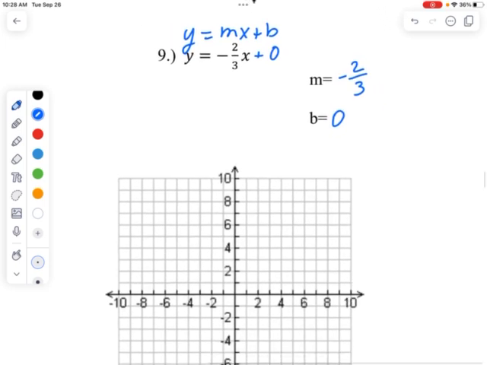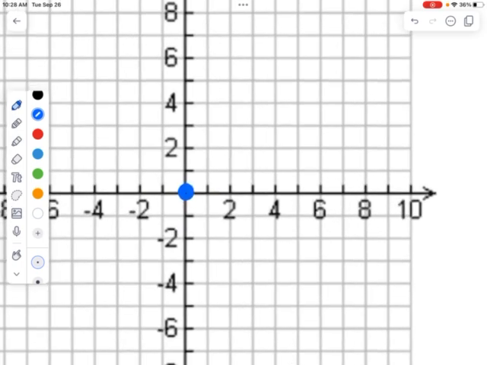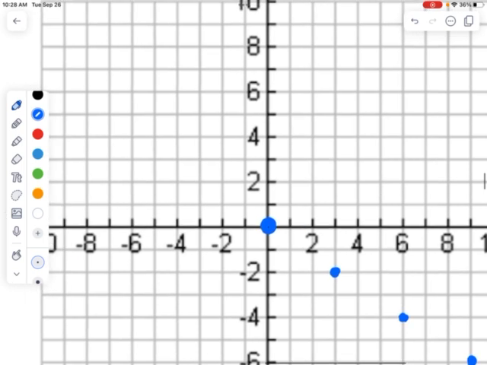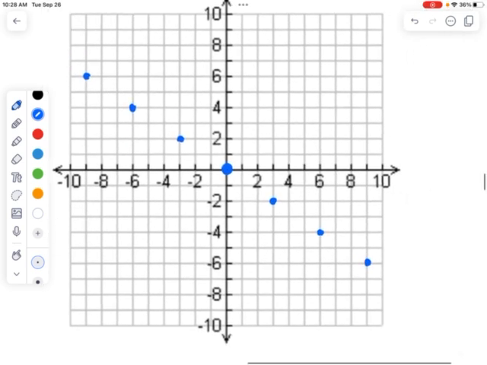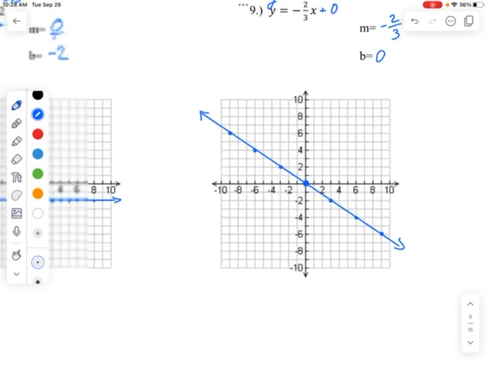All right, so I'm going to start off at my origin, which is 0, and my slope is -2/3, down 2, right 3, down 2, over 3, down 2, over 3. And again, I have a negative line with a negative slope. Always double check that.